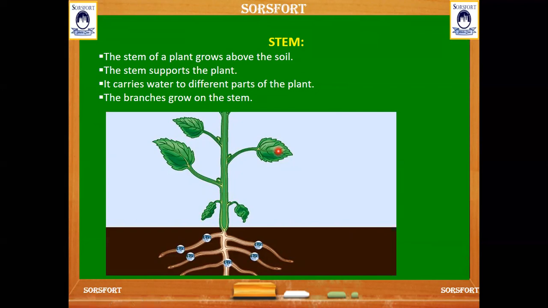And we can see different types of plants have different types of stem. In a tree, there is a stem which is large, broad, and hard. And a herb has a green and soft stem. And a shrub has many hard and woody stems.